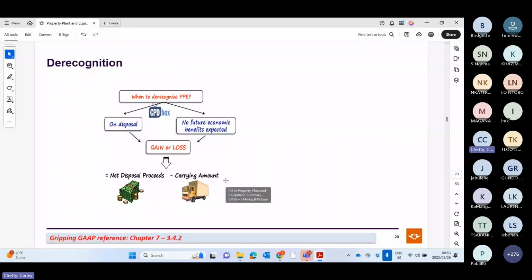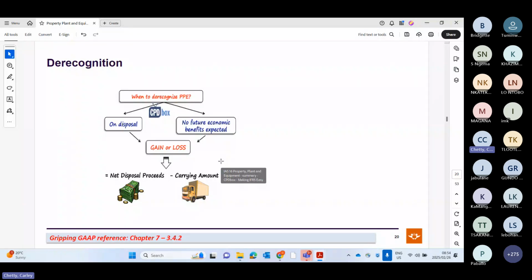So we may be disposing an asset and someone is going to pay us 20,000 Rand for that asset. So that is going to be the net disposal proceeds. And if that asset has a carrying amount of 10,000 Rand, then the gain is going to be 10,000 Rand. So we need to determine if there's a gain or a loss on disposal, and then we will derecognize that asset.